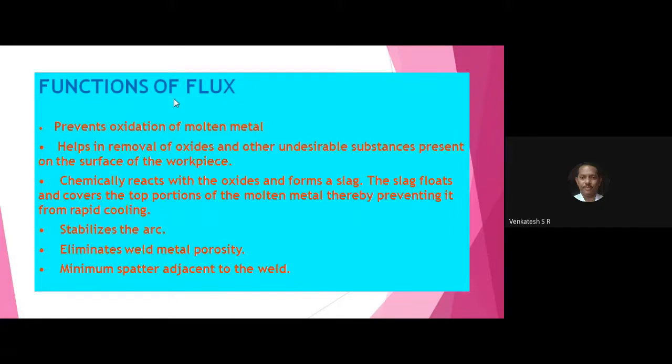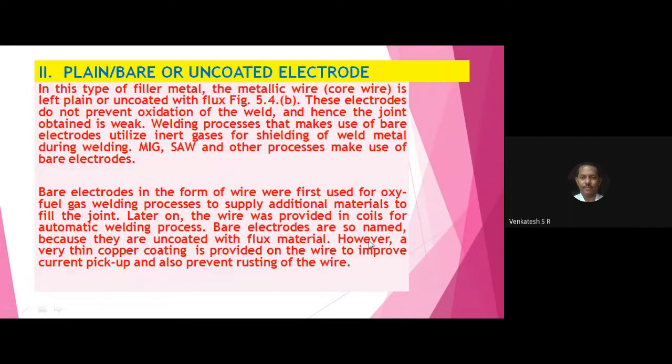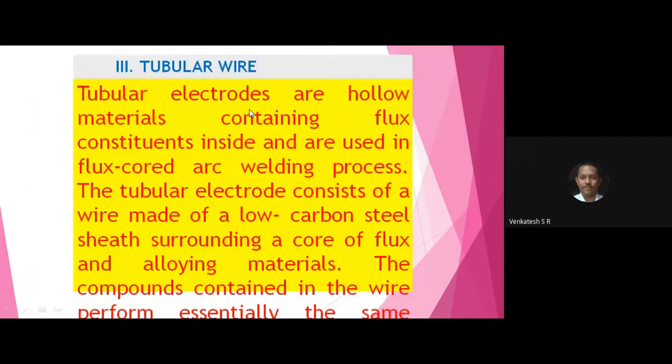Some question papers ask you to list the functions of the flux in the electrode. For that you have to write 6 functions. You write minimum 4 or 5 in the examination. So this is the explanation for the plain, bare or uncoated electrode, and this is the explanation for the tubular electrode.